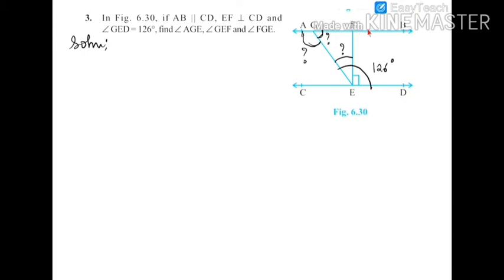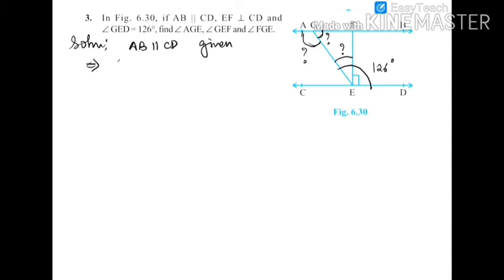If you look at the figure, AB and CD are parallel and they are cut by two lines, GE and FE. They both are transversals. Taking GE as the transversal, angle GED and angle AGE form alternate interior angles. So they are going to be equal. So let's write this down. AB parallel to CD, given.